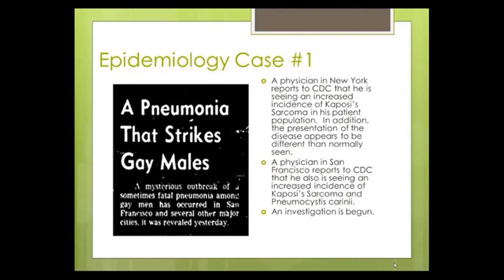In addition, the presentation of the disease appeared to be different than what was normally seen. There was also a physician in San Francisco at about the same time who reported to the CDC that he was also seeing an increased incidence of Kaposi sarcoma and pneumocystis carinii. So an investigation was begun.